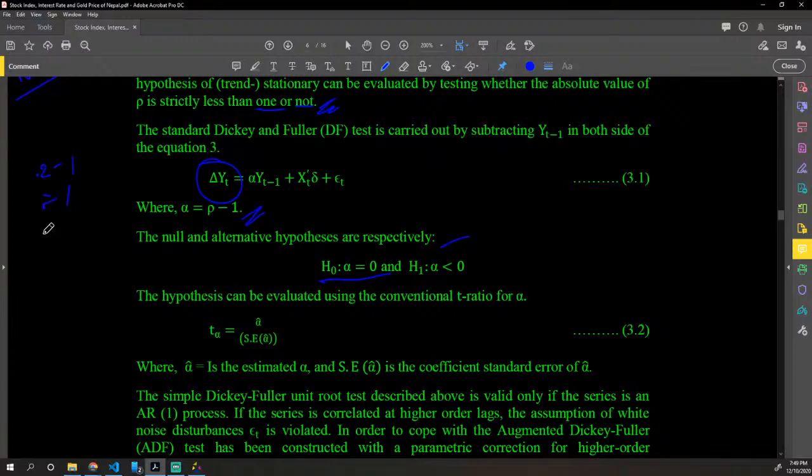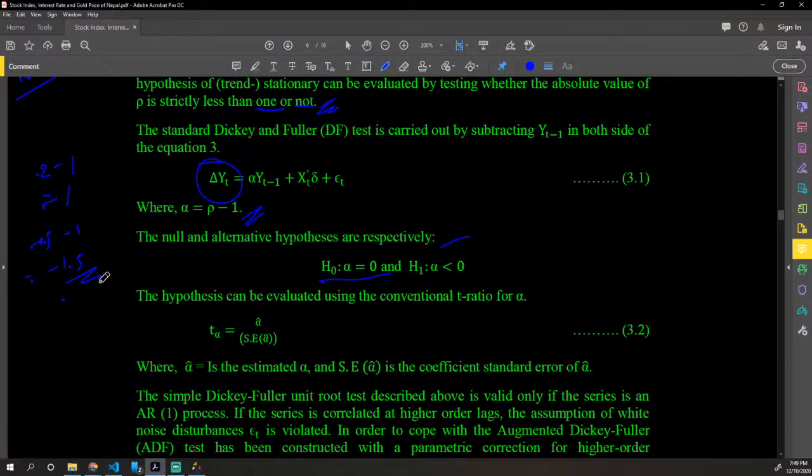And if it is 1 minus 1, it will be 0, and if rho is, let's say, minus 0.5, then minus 0.5 minus 1 means it will be minus 1.5, right?